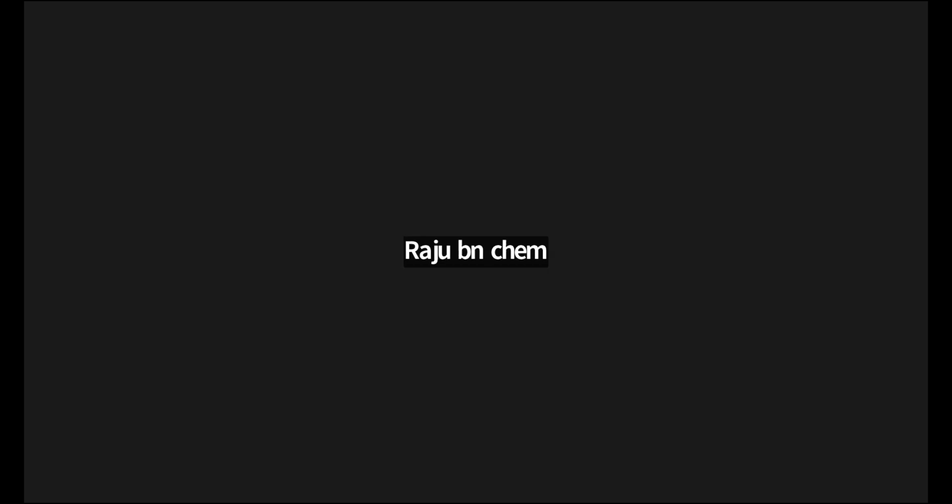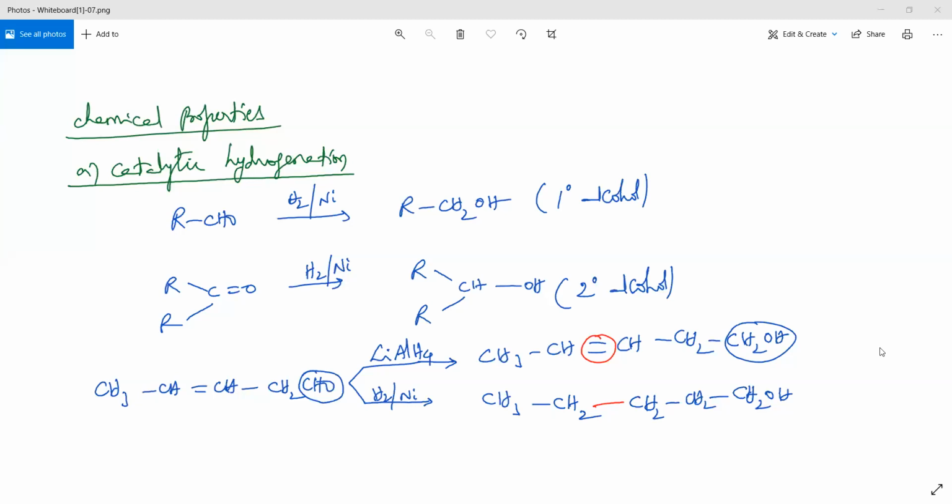Now, catalytic hydrogenation. Aldehydes on catalytic hydrogenation give primary alcohol.